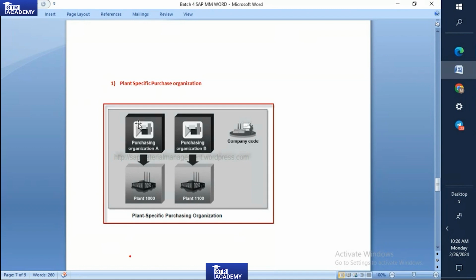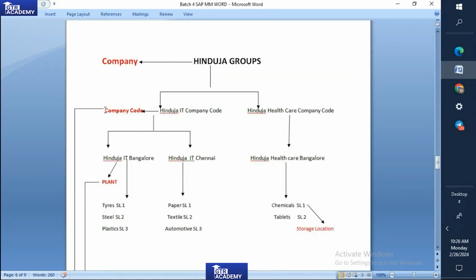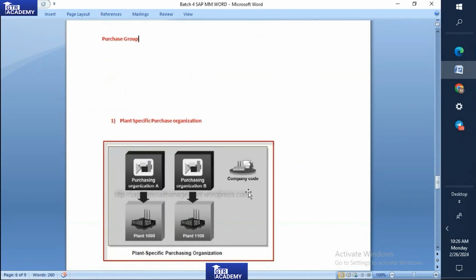See, what happened? We'll be having different types of purchase organization. You can see purchase organization A for plant 1000, purchase organization B for plant 1100. This is under one company code. Under one company code, there will be two different plants.